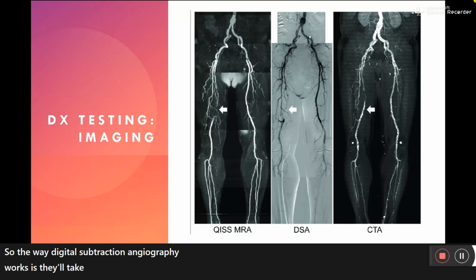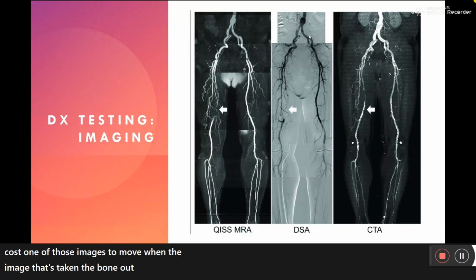When you're doing DSA, you cannot move the table, you cannot move the C-arm while you're taking your images. Because remember we're taking two images at the same time, and you're going to cause one of those images to move. The image that's taking the bone out is, I don't want to say stable, but it's stationary. It's not moving.